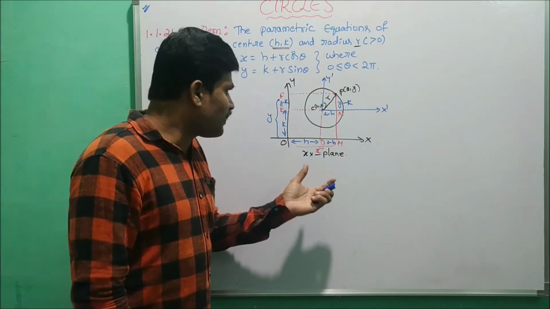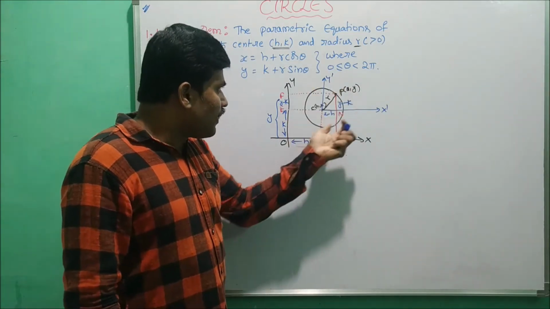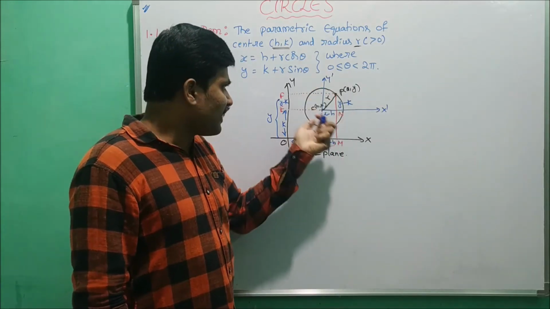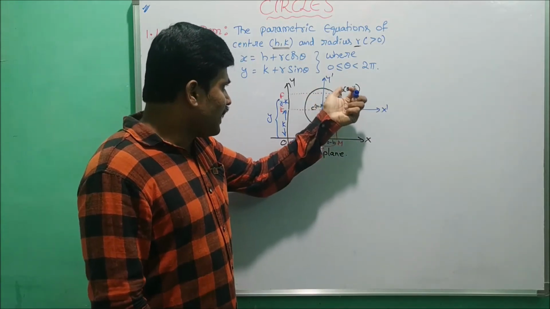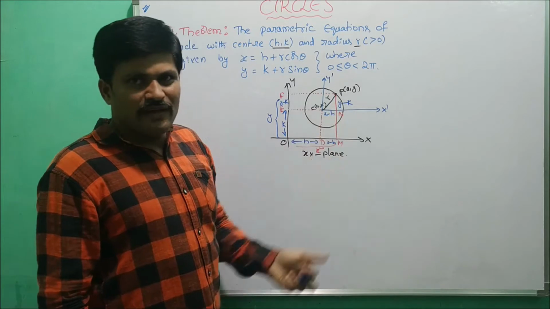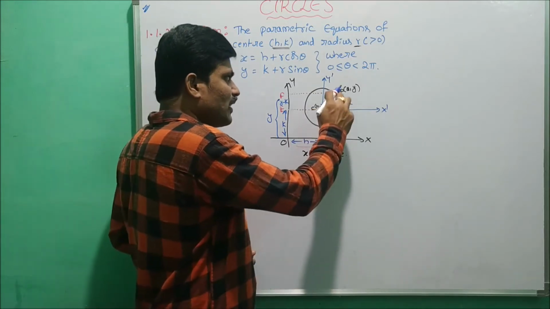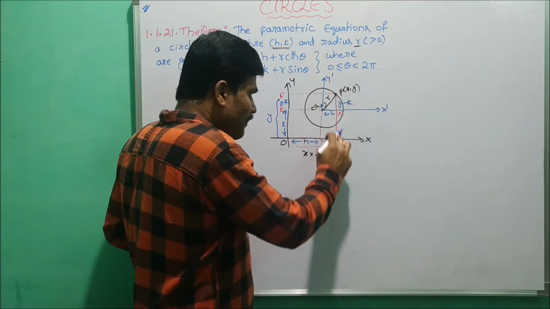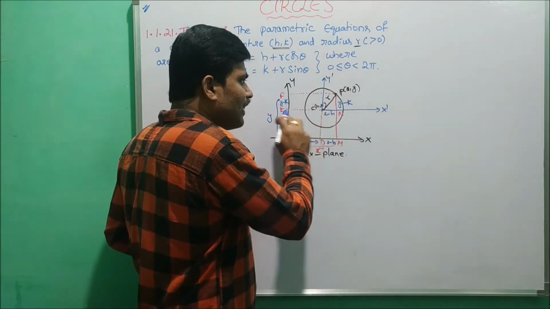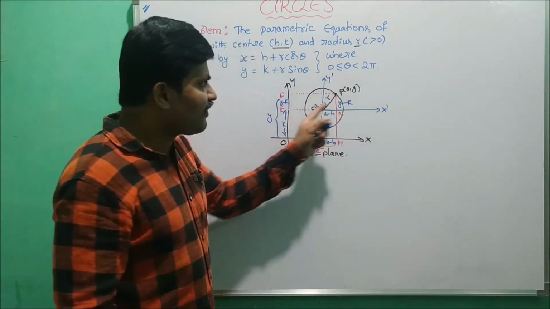Here clearly we observe in the diagram, in the circle, triangle PCN is a right angle triangle, because PM or PN is the normal line to both OX and CX dash.